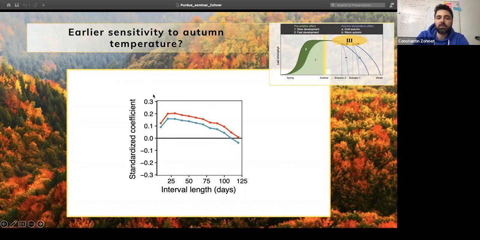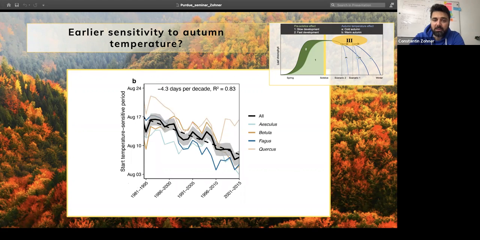But what we can do is look at basically the best pre-season, so the temperature period that is best correlated with autumn senescence. And we can look at this for different periods in the past. So we can create basically a moving window analysis where we look at the 1950s, the 1960s, the 70s, the 80s, and current years to see if this pre-season length, or the period that is most highly correlated with autumn temperature, has been shifting.